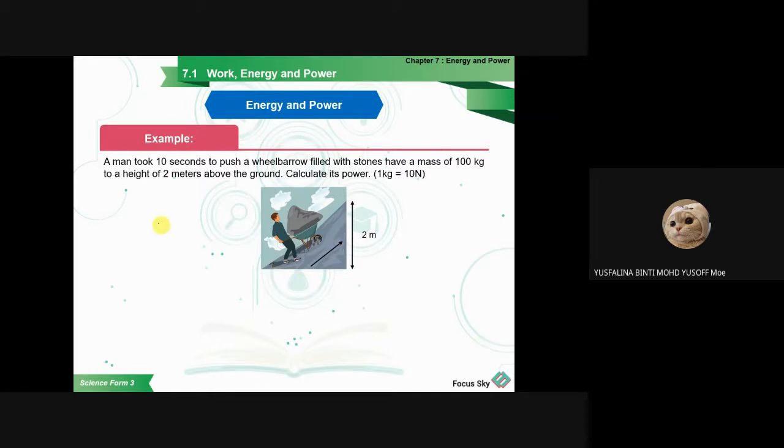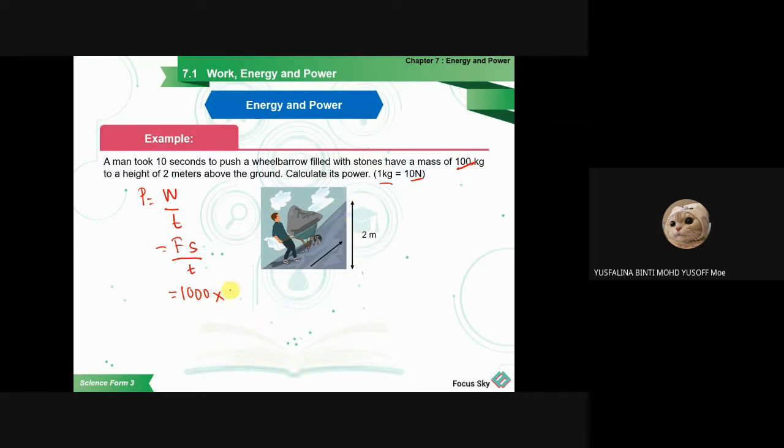So P is equal to work divided by time. There is no work given here, so you have to find it first. Fs over T. The force here: 1 kg is 10 Newton, so 100 kg means 1000 Newton.